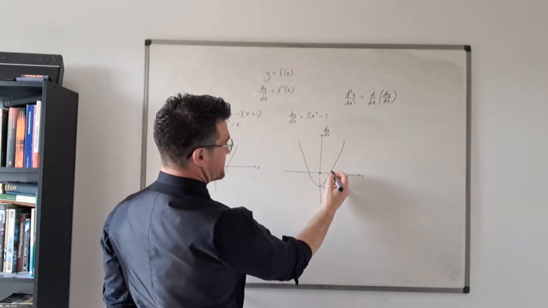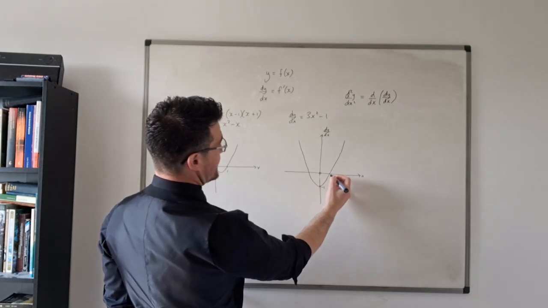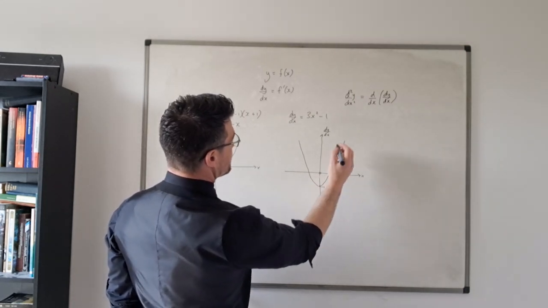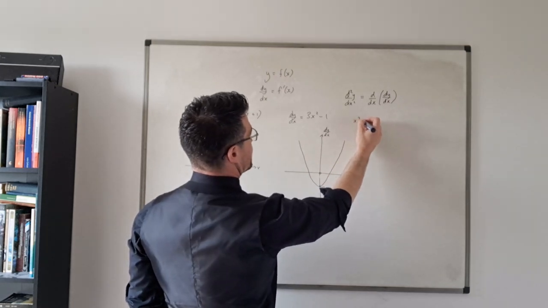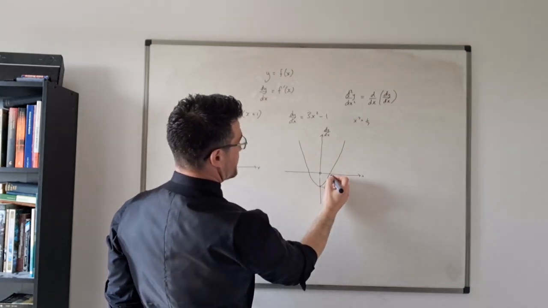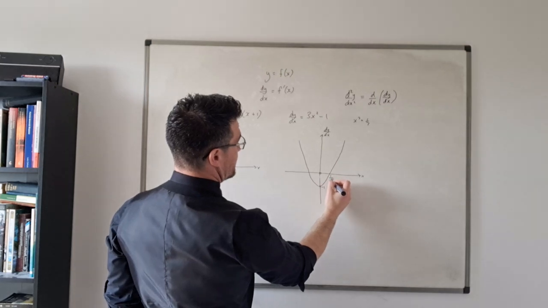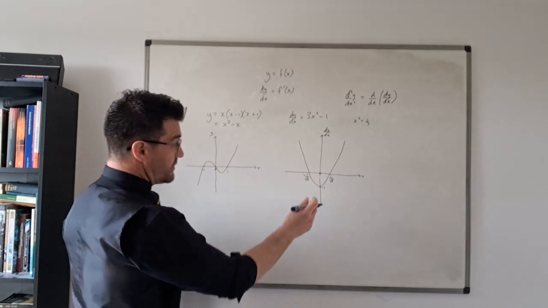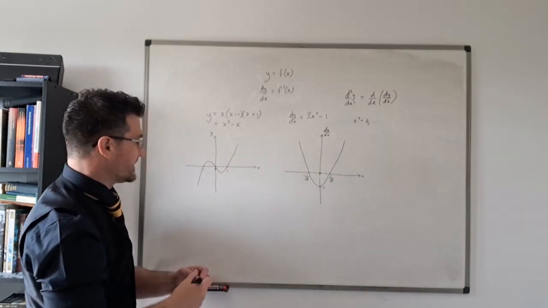We don't actually care too much what the roots are, but just for the sake of argument, they're going to be at what? I better solve this, hadn't I? X squared equals a third. Okay, so 1 over root 3 and minus 1 over square root of 3, or root 3 over 3, whichever you prefer. It doesn't really make any difference.